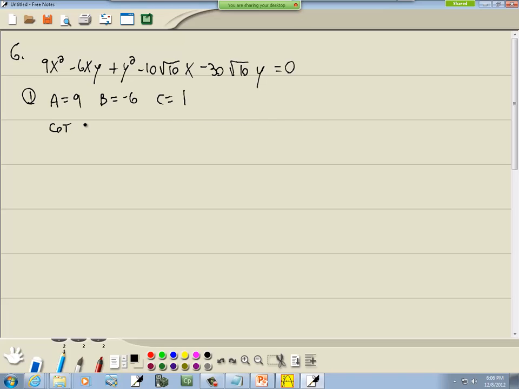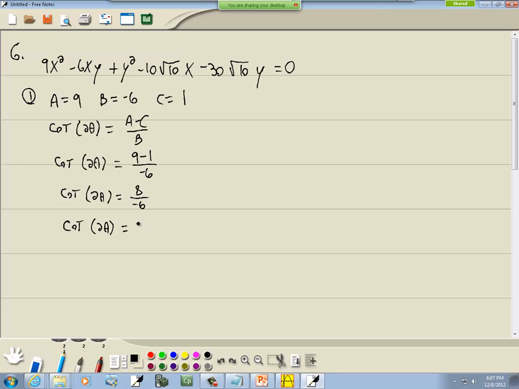And we got cotangent 2 theta is equal to A minus C over B. So we've got cotangent 2 theta is equal to A, which is 9, minus C, which is 1, over B, which is negative 6. So cotangent 2 theta is equal to 8 over negative 6. Cotangent 2 theta is equal to negative 4/3.